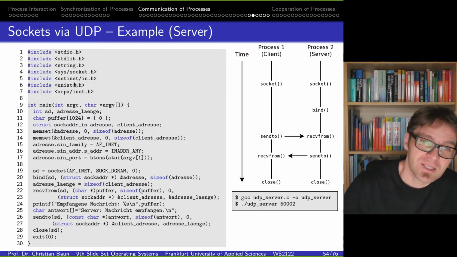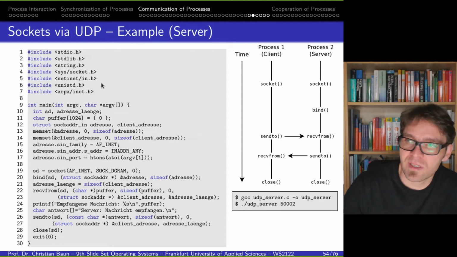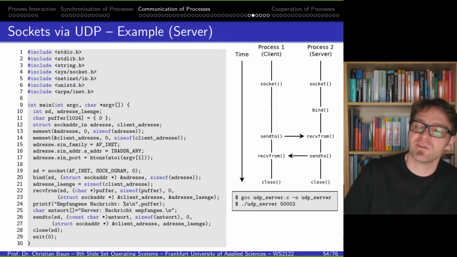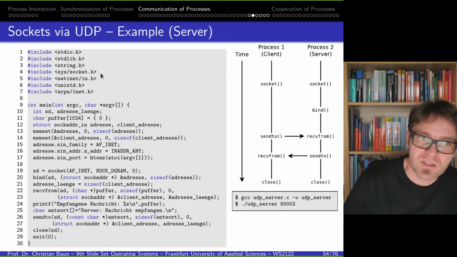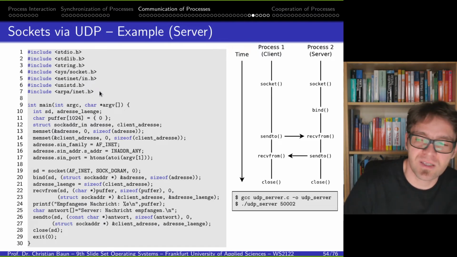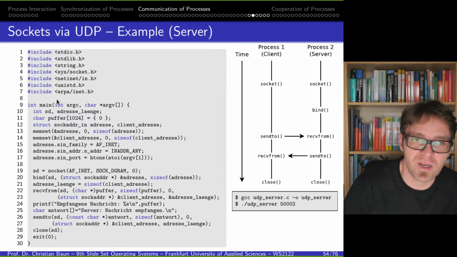Okay. First, we will discuss the server, which is used for UDP-based inter-process communication, for datagram socket data exchange. So first we have some header files and libraries specified.